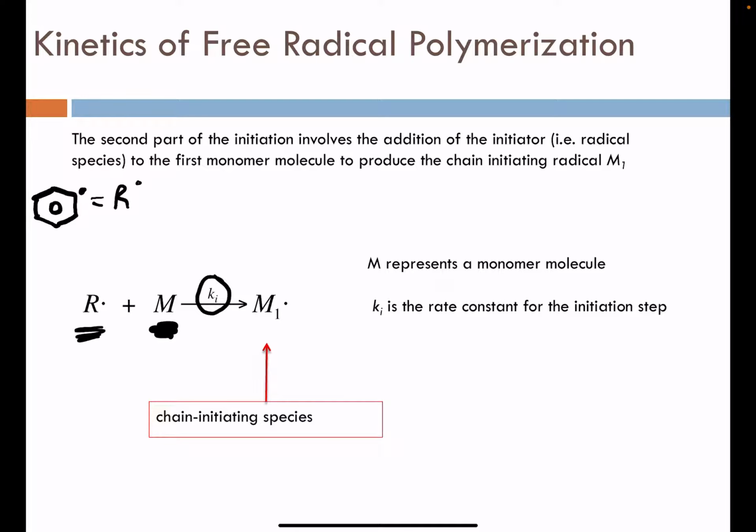So M1 is the first monomer on a polymer, so that's where we get 1, and we've got the radical indicated with that dot there. This has its role for now being responsible for initiating other chains, and so we're going to see M1 playing a future role in the next propagation step.